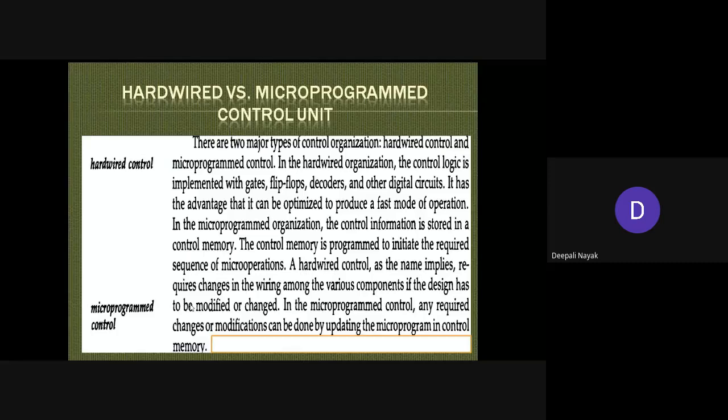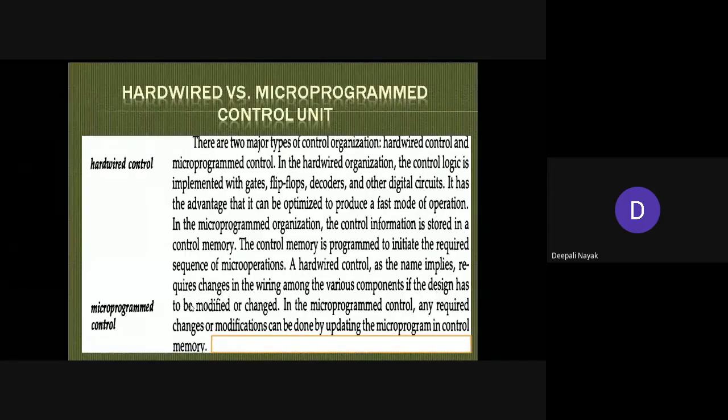There are two major types of control organization: hardwired control and microprogrammed control. In the hardwired organization, the control logic is implemented with gates, flip flops, decoders, and other digital circuits. It has the advantage that it can be optimized to produce a fast mode of operation. In the microprogrammed organization, the control information is stored in a control memory.